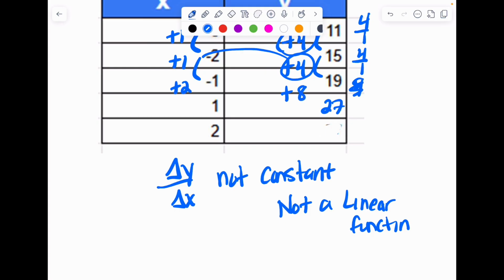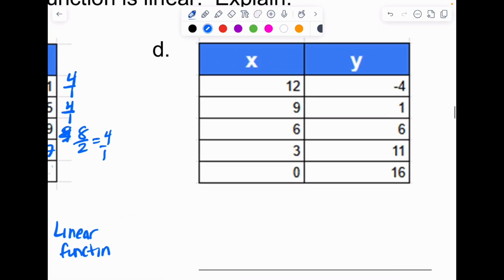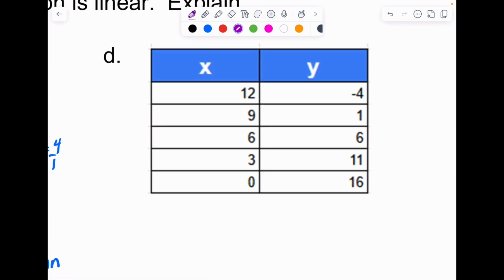Well, then my rate of change would have been 8 over 2, which is 4 over 1. So I still would have had a constant rate of change. So again, just be careful in your table work that you're determining if it is a linear function the right way.